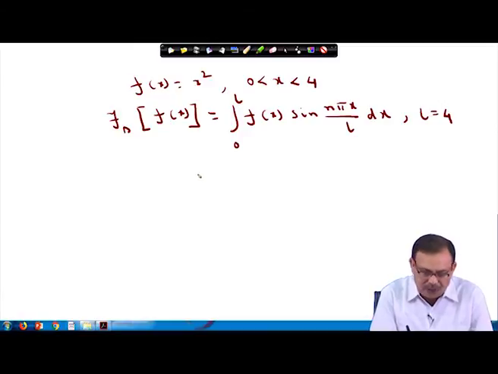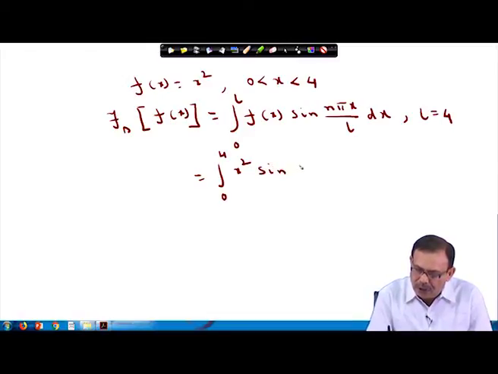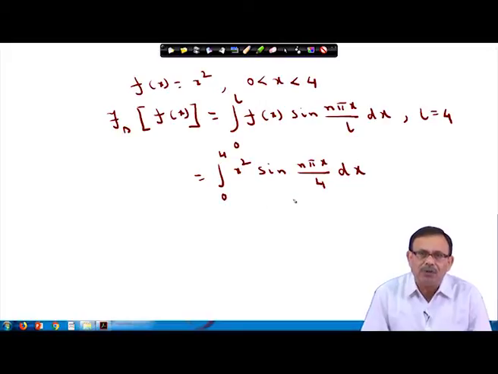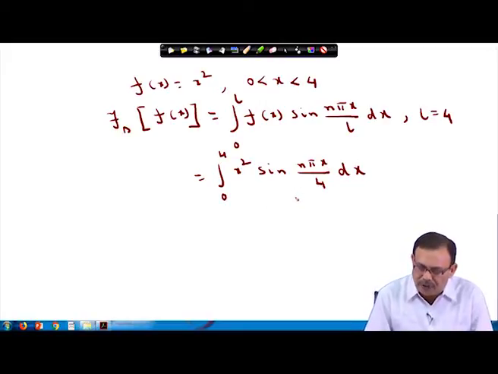So the integral is 0 to 4 of x square sin(n pi x by 4) dx. I am not showing how to evaluate the integral using integration by parts, since we have done such evaluations earlier.